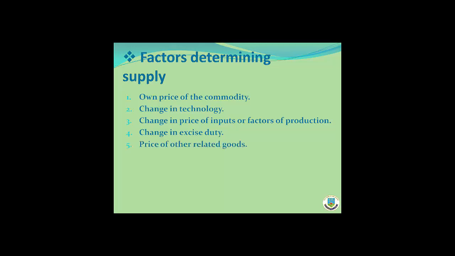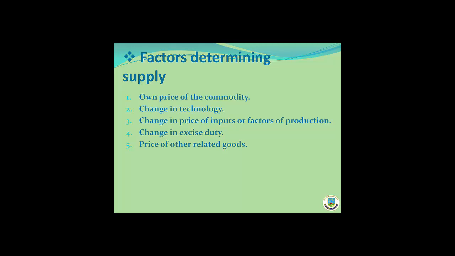Point number 5, price of other related goods. The quantity supplied of a commodity also depends on the price of other commodities. If the price of a related good rises, then the firm increases the supply of the goods having a higher price.